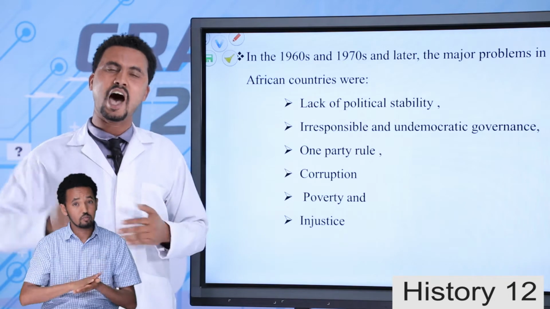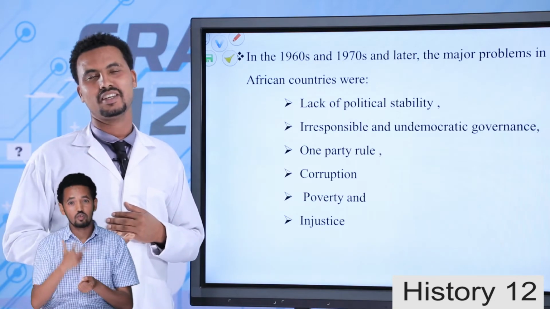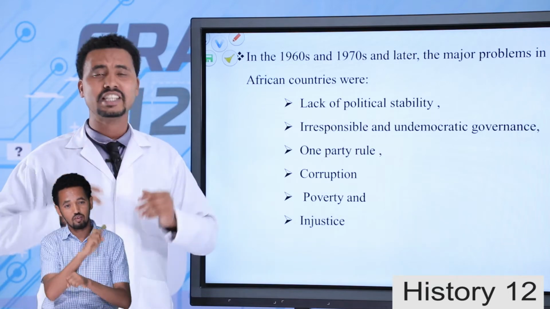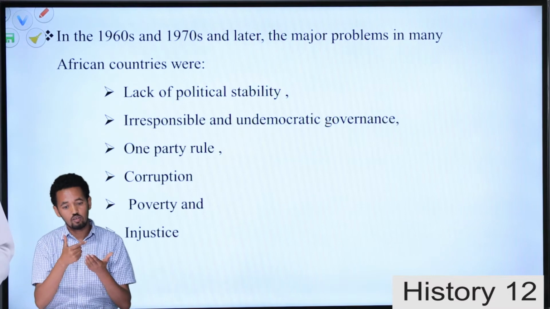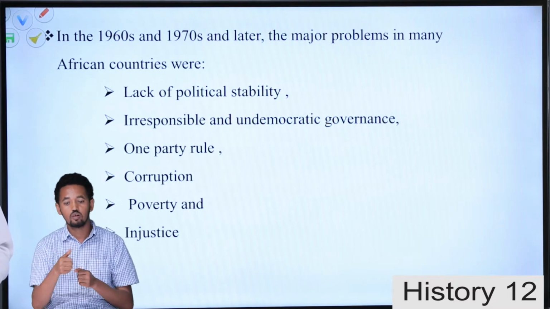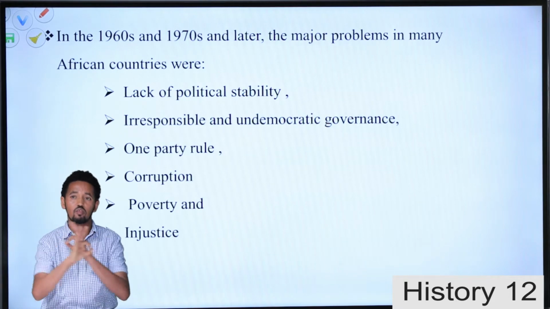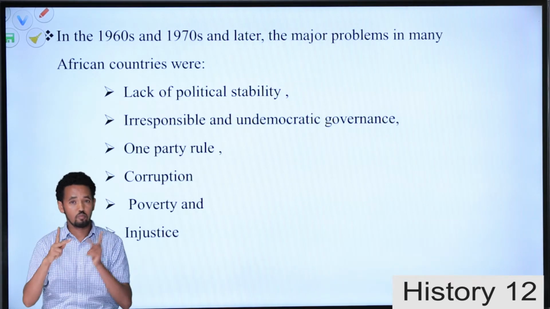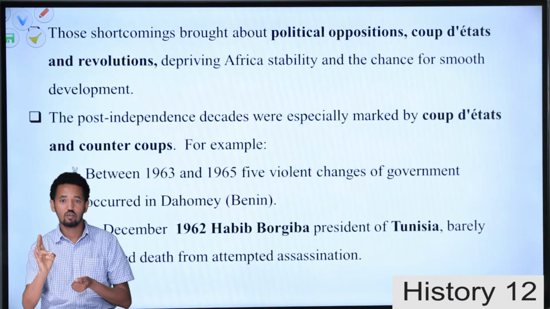It means African people are unable to eat three times a day. They did not fulfill basic necessities. The other one, injustice. There was injustice in most African countries. Those are the main problems of African states in the 1960s, the 1970s, and nowadays.